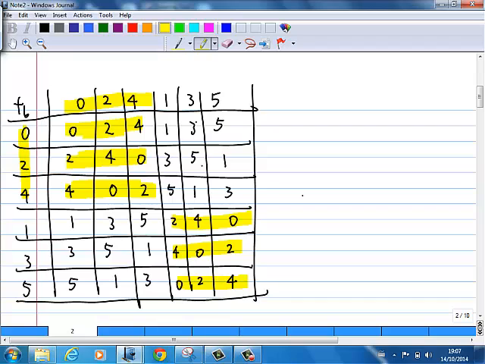Okay, so we know that h, which is 0 plus h, is 0, 2, 4. And another one we have come across is 1 plus h, which is 1, 3, 5. So let me color them. So all the 1, 3, 5 are here.